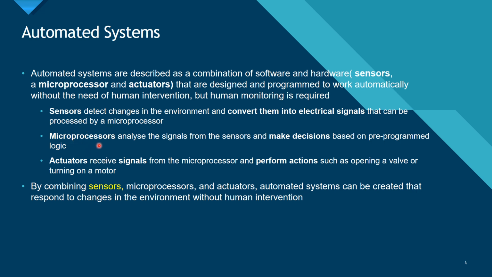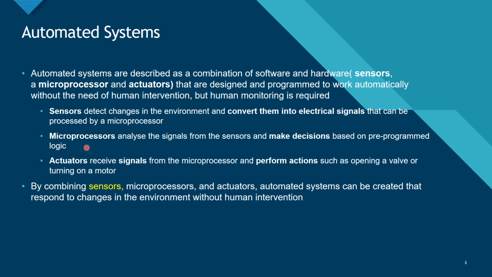Once the microprocessor receives signals from the sensor, it makes a decision based on pre-programmed logic. Programmers will develop a program for the microprocessor. Once the signals are sent by the sensors to the microprocessor, the microprocessor makes a decision based on the programming logic.